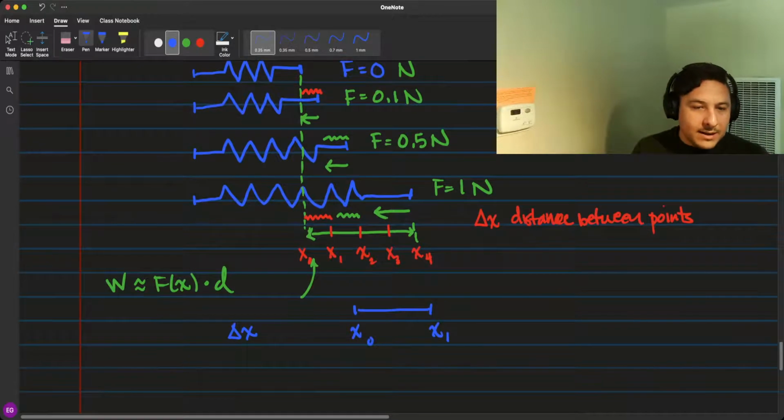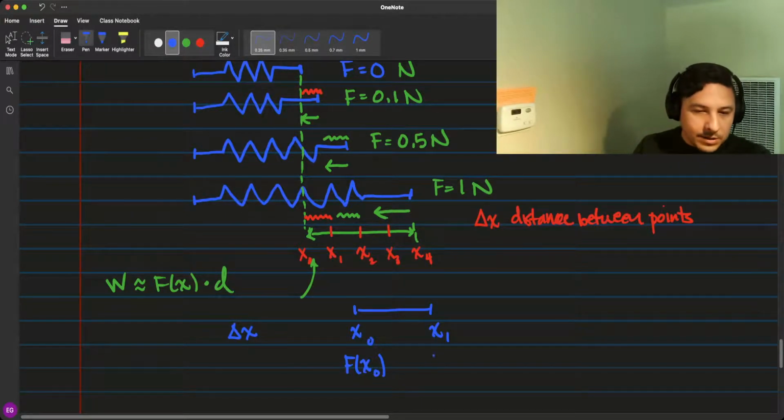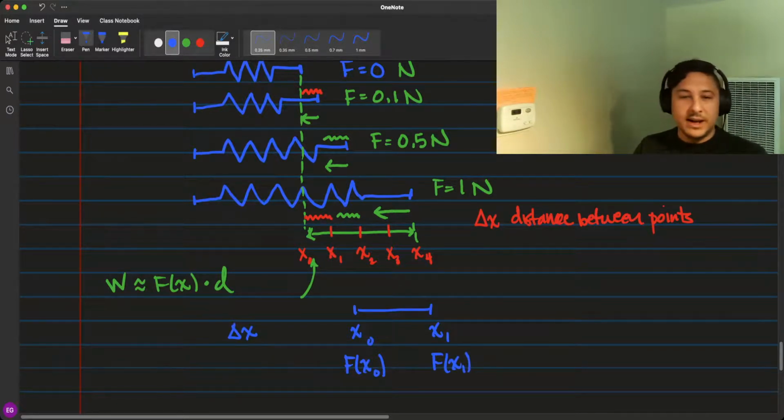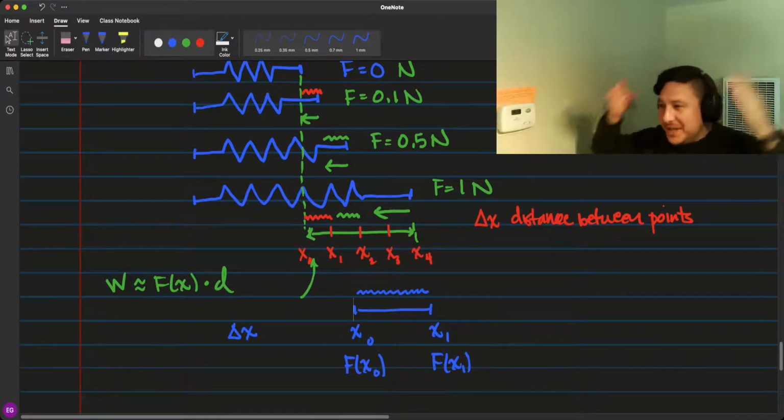We know that at x0, you can plug in x0 and get the amount of force that the spring was exerting. And you can plug in x1 and get the force that the spring was exerting there. What's the best value that you can use to approximate the force over the whole thing? Yes, the midpoint. Do you see how it always comes back to this?